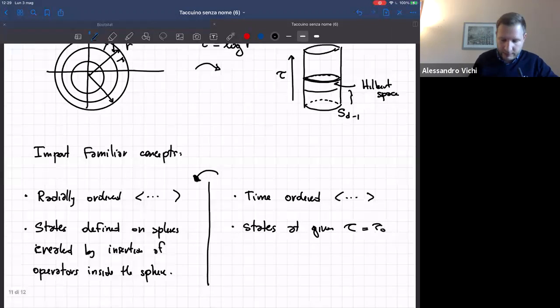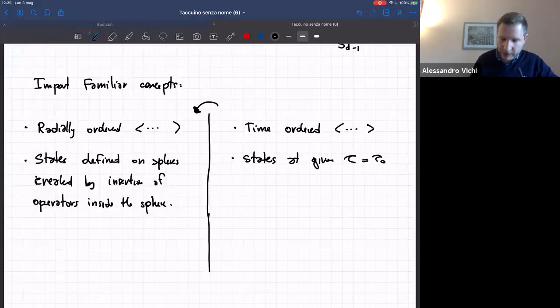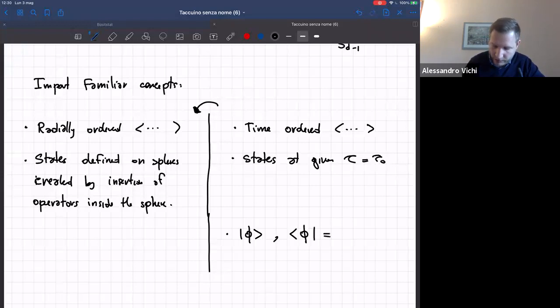The last ingredient that we need, and then I'll stop, is the concept of conjugation. On the cylinder, we can define states or operators phi, and for each state we also have the conjugate state, which is what you obtain by the usual conjugation.